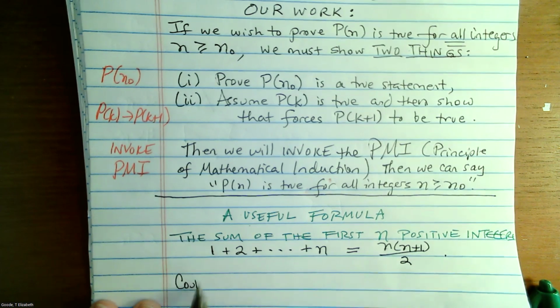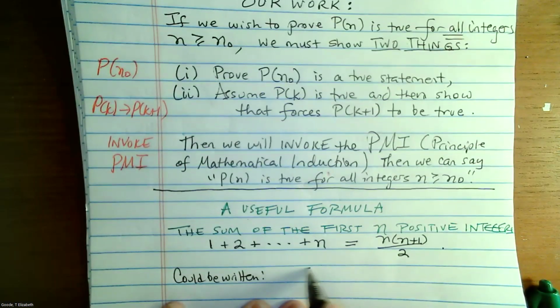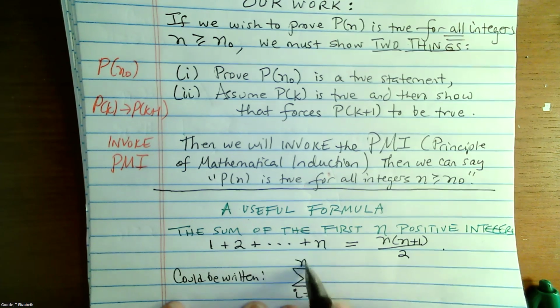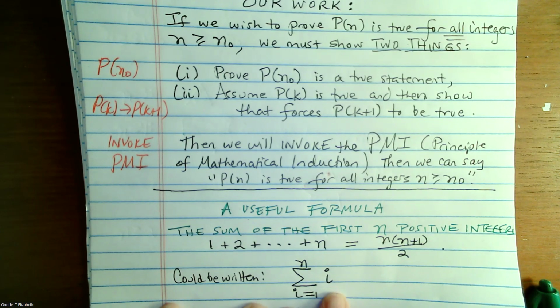Or it could be written using summation notation, and we'll practice with that tonight in our induction proof because it's just good practice. It's the sum from i equals 1 to n of just the expression i. This is the simplest general term formula that you could possibly have because the formula is just the indexing variable.